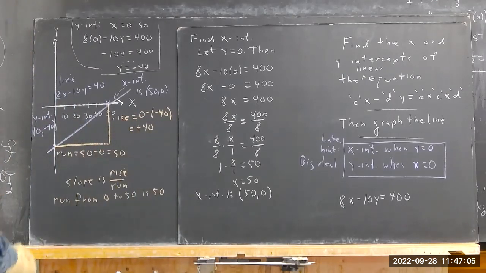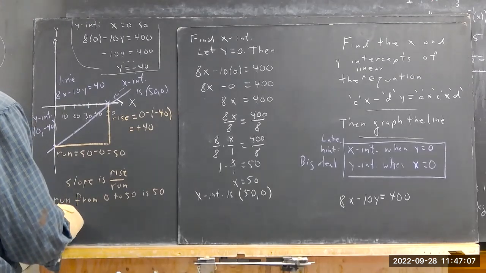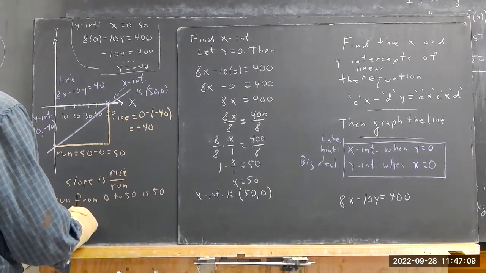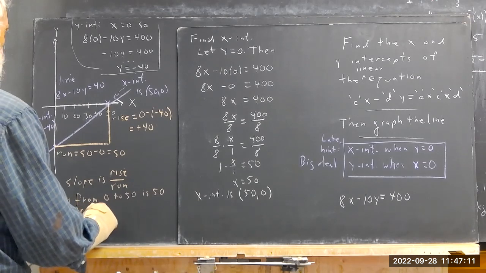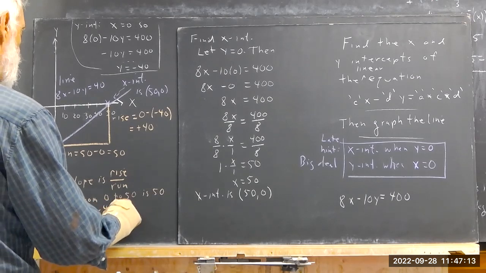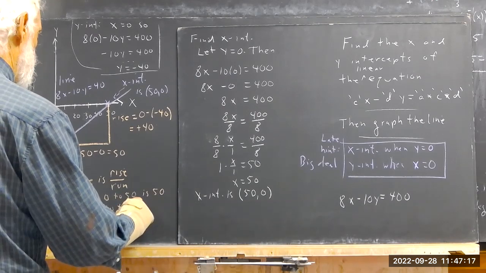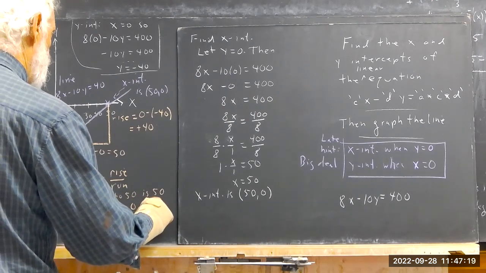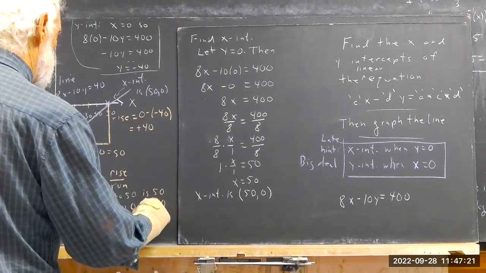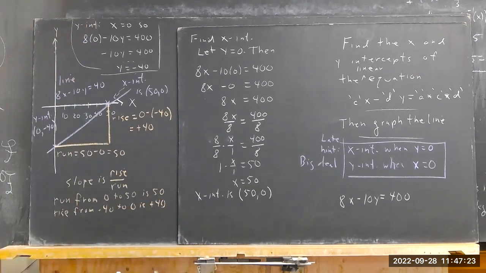Okay, so it's obvious looking at this that the run goes from negative 40 to 0, and that's plus 40.